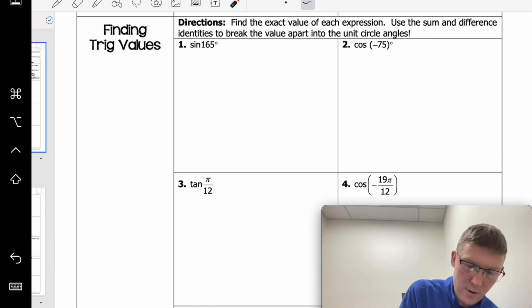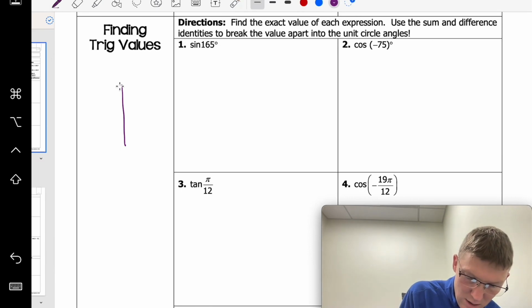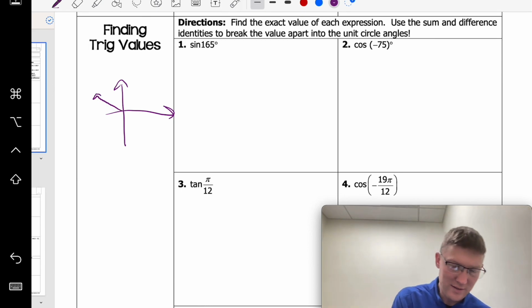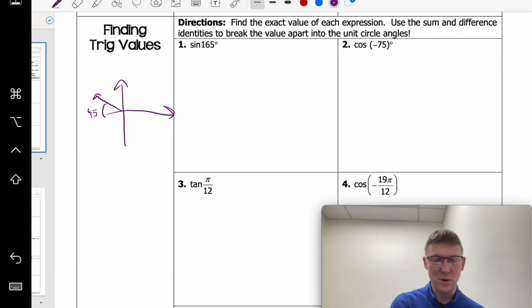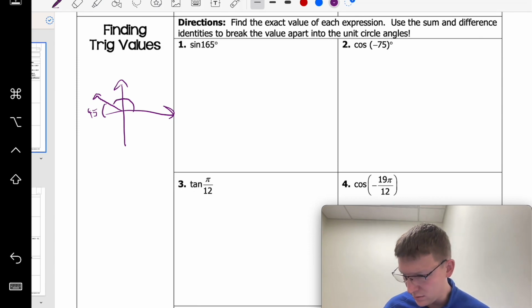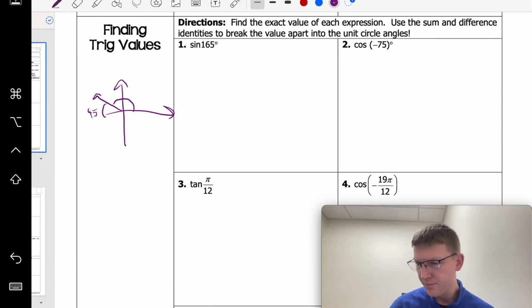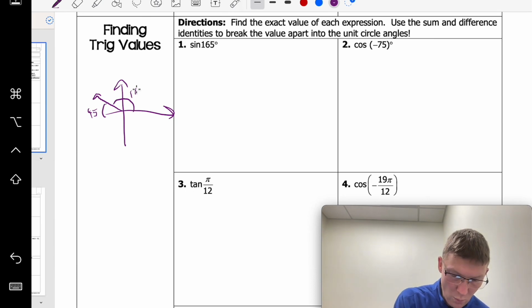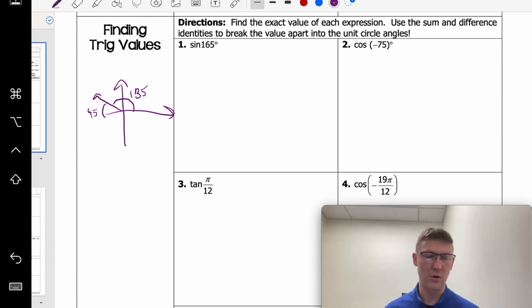But remember, let's say you have an angle like this, and let's say this is 45 degrees, but the actual angle here is 180 minus 45. So this angle would be 135 degrees.